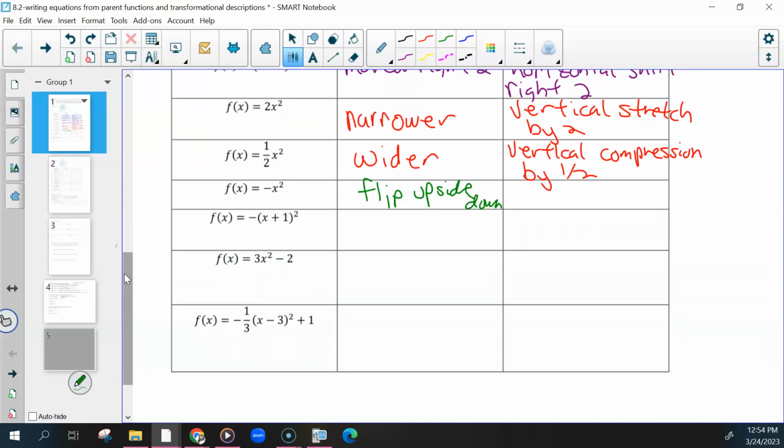So that would be a vertical reflection. So before we start to mix them, that's what the last three are. What questions do we have so far?